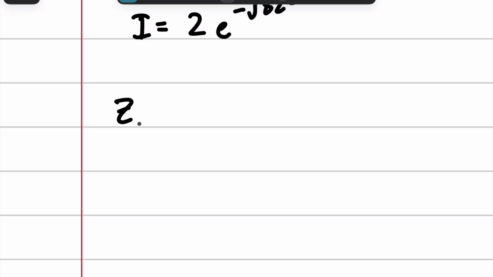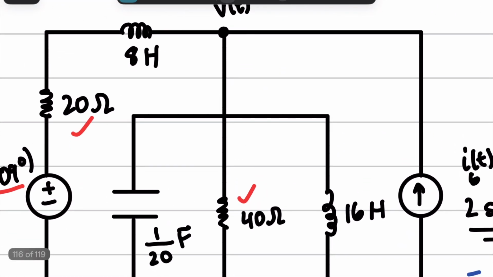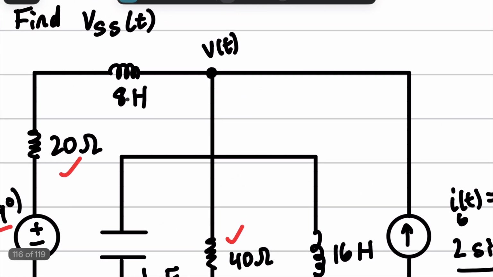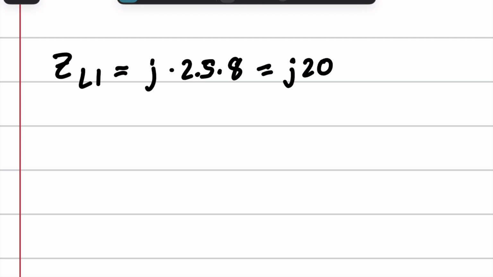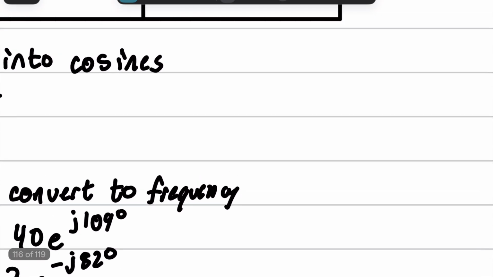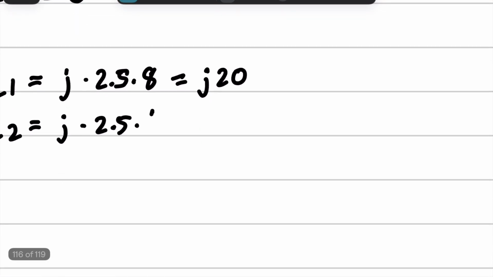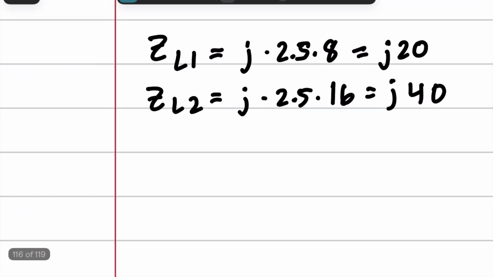We're going to call inductor 1 L1, and L1 has 8 henries, so it's j times 2.5 times 8, which is equal to j20. Then the second inductor is j times 2.5 times 16, convenient numbers, which is j40.